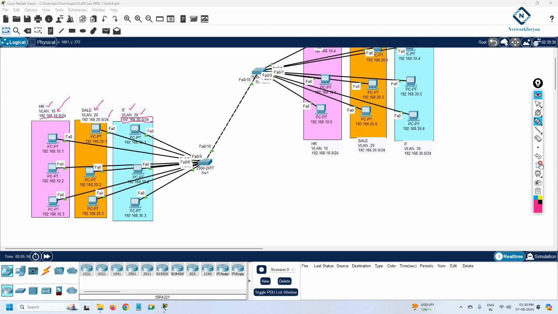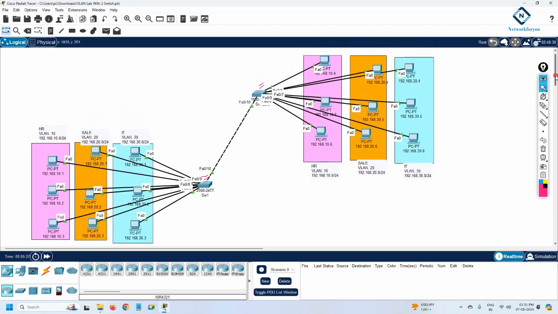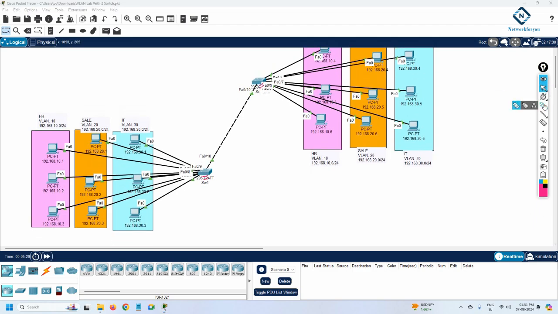And if you see, we have 2 floors, first floor and second floor. 3 guys from these departments are sitting on the first floor, and the remaining 3 guys are sitting on the second floor. First of all, this is a small company. They have only 3 employees for each department. So on the first floor all the guys are sitting together and it is working.